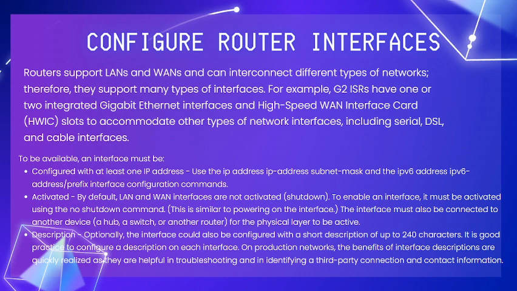And to be available, an interface must be configured with at least one IP address. Use the ip address and subnet mask, and the ipv6 address and prefix interface configuration commands.